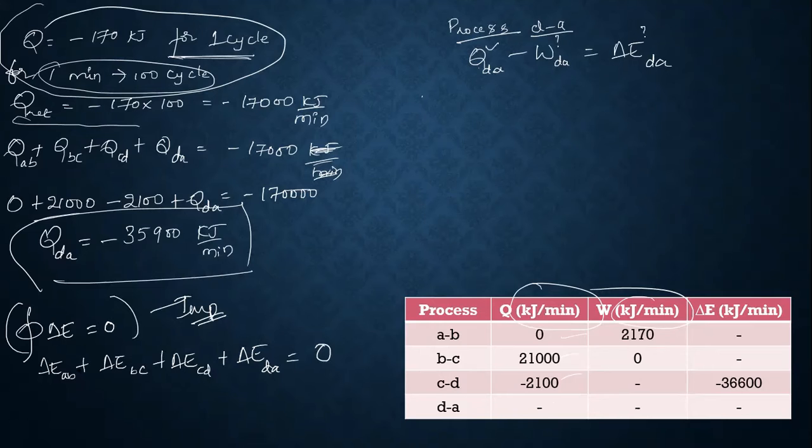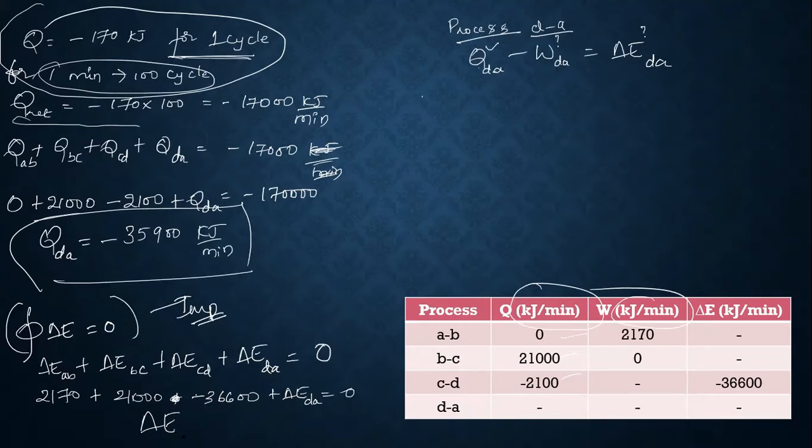Delta E AB you already found, that is 2170, plus delta E BC is 21,000, that is also what you found, plus delta E CD, it is given there, it is minus 36,600. And delta E DA is the unknown term, is equal to 0.